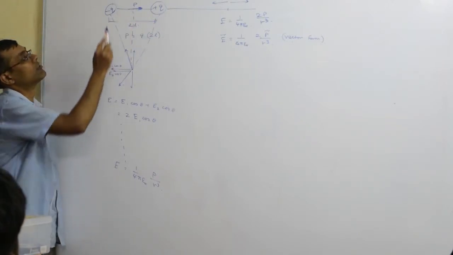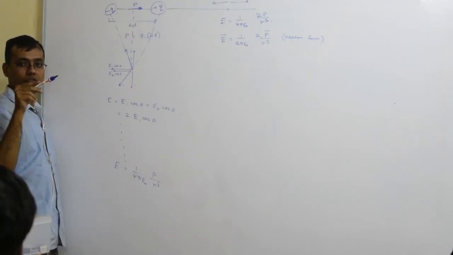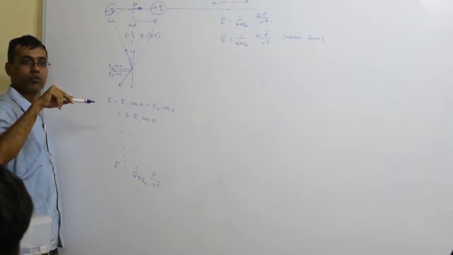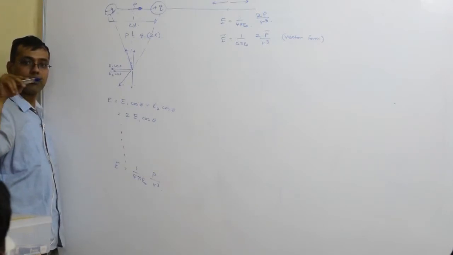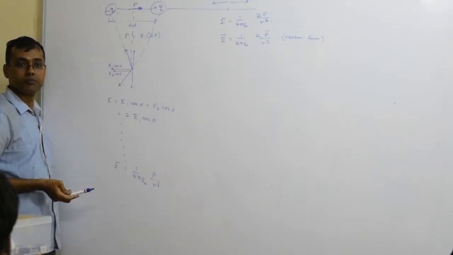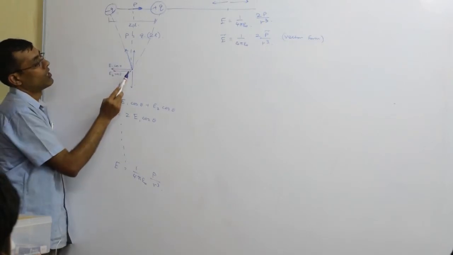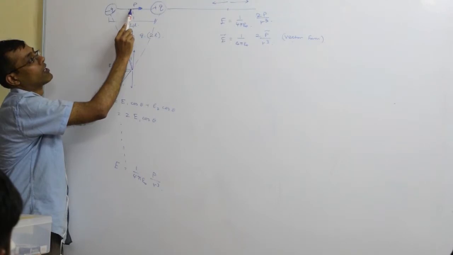Similarly in the battery, current flows from plus to minus only in the external circuit, but inside the battery it is minus to plus. So the electric field resultant is this way, whereas P is this way.